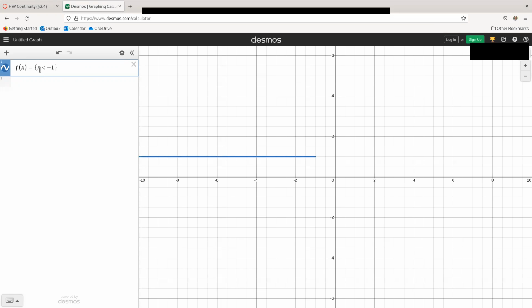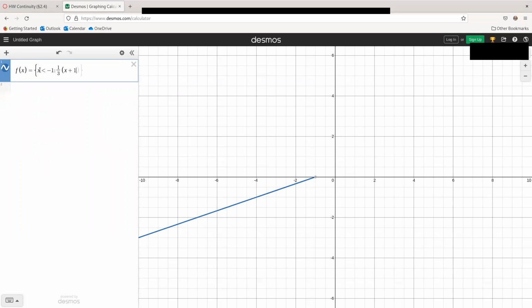Then it is a colon, and then you give it the function. I'm guessing that function would be something like slope about 1/3, passing through the point -1, so x plus 1, and then y was -1, so -1.